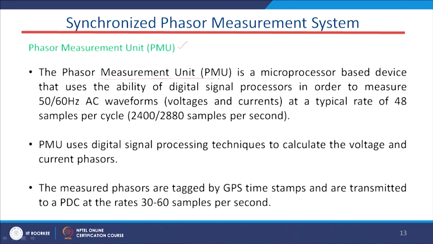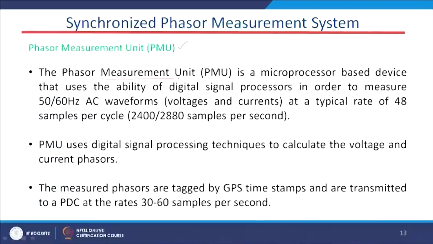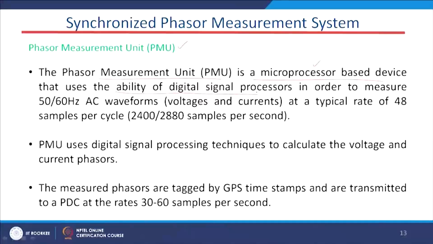Now, we will discuss more about the PMU in our subsequent classes. I will just say that the phasor measurement unit is a microprocessor-based device. In some cases nowadays, we are also trying to use an FPGA-based processor or a DSP-based processor, which uses the ability of a digital signal processor.